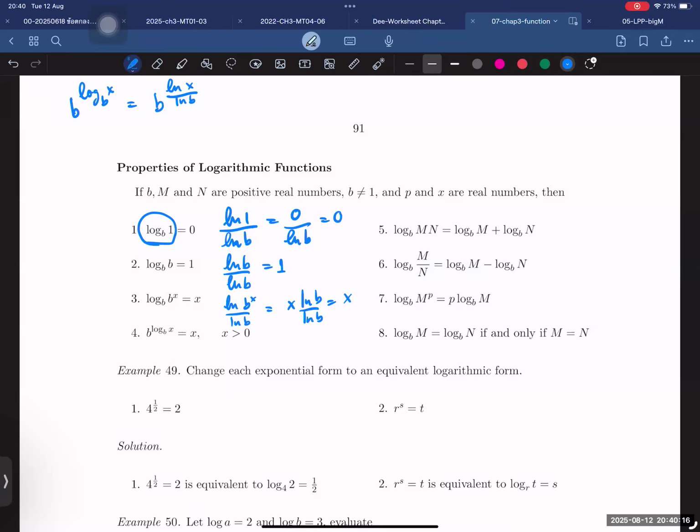Can I apply this one? Log of b is just a constant, so it might be difficult to use my properties.